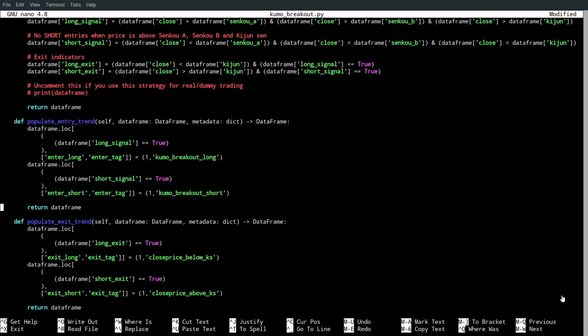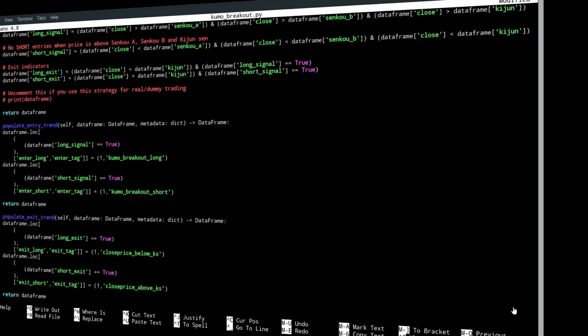So now that I have adjusted the strategy file, it's time to see if it's actually a working strategy. That means, can the bot read this file and create actual long and short signals with these rules?